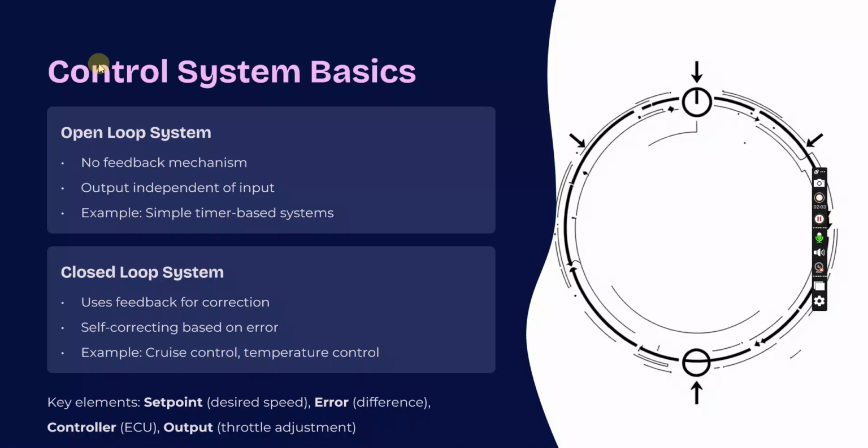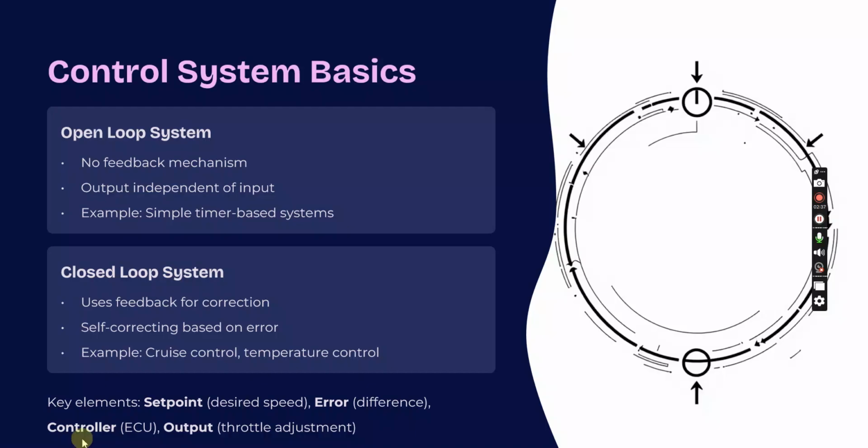For example, simple timer based systems where we don't have to look at the input side. Another type is the closed loop system, where we use feedback for correction. It is a self-correcting system based on error. The example is obviously cruise control, which we are discussing in this video. Another example of a closed loop system is temperature control.